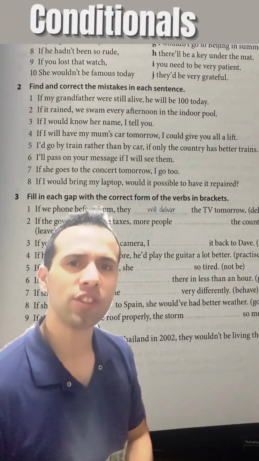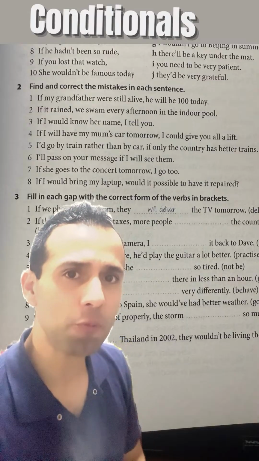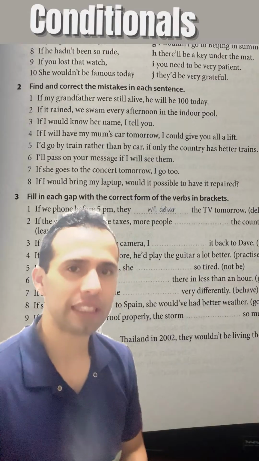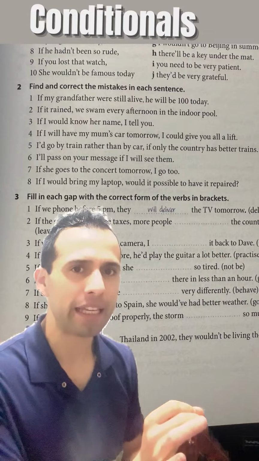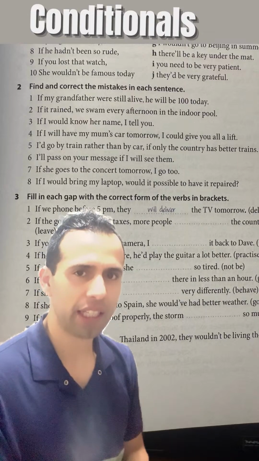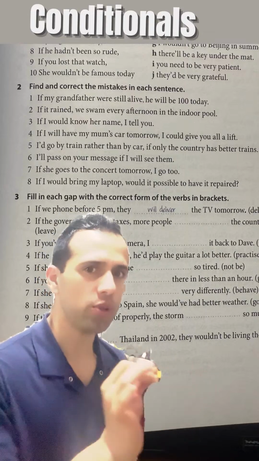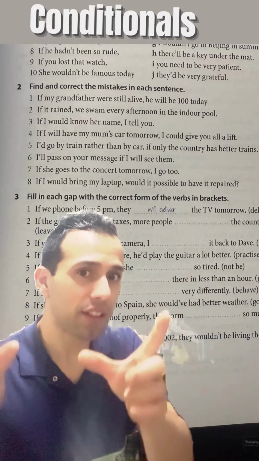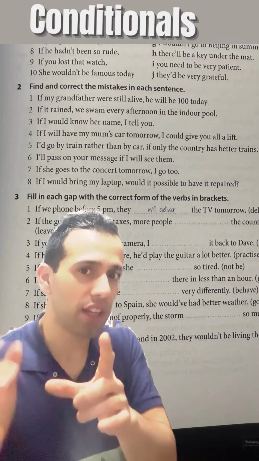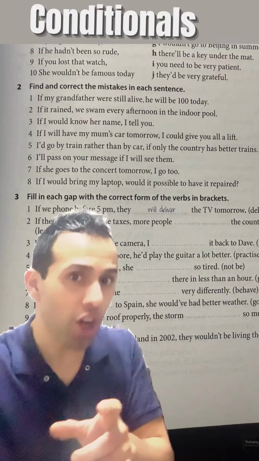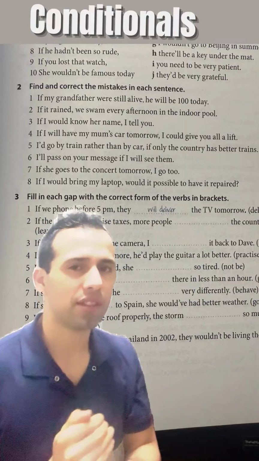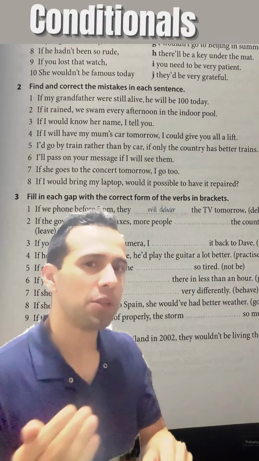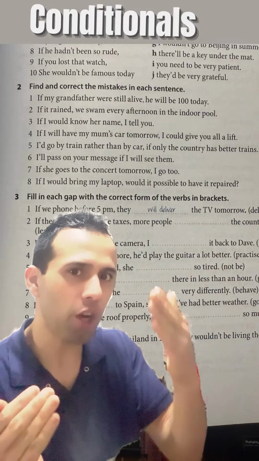So, in sentence number one, the correct answer is would. He would be 100 today. Why? Because if we use were in the if clause, if my grandfather were still alive, we have to use in the second part the word would.